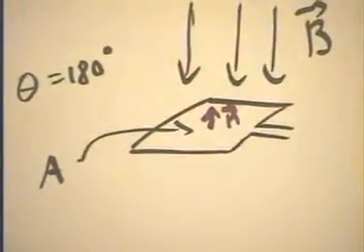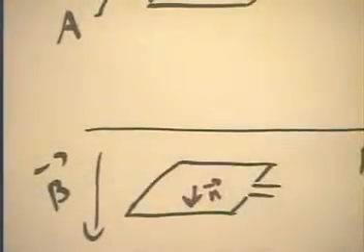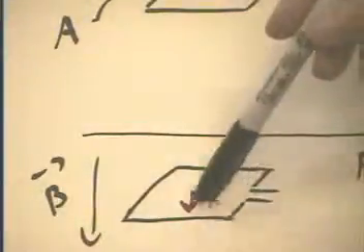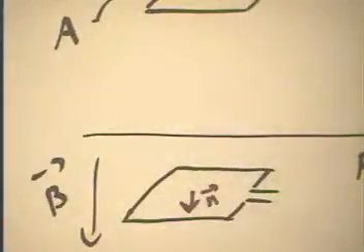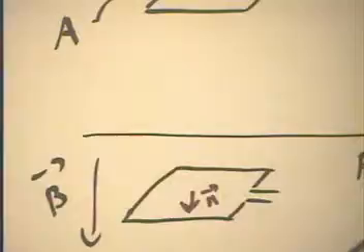Now as we rotate the loop, or as we change the direction of the magnetic field, in this case let's assume that we're rotating the loop, the magnetic field remains down, but the normal vector goes from up to down as we rotate the loop. And now the normal vector is coming out of the center of the loop and is pointing down and makes an angle of 0 degrees with respect to the magnetic field.